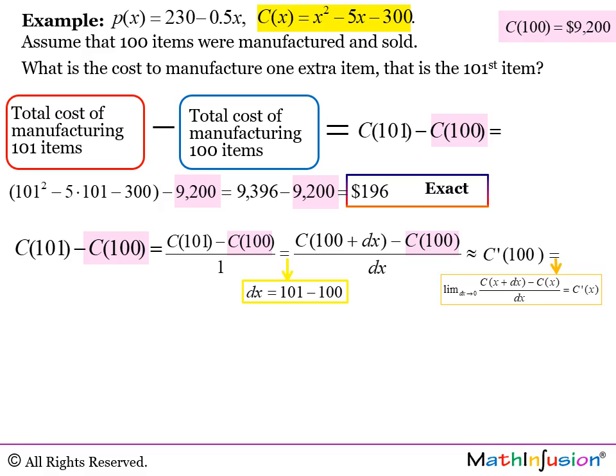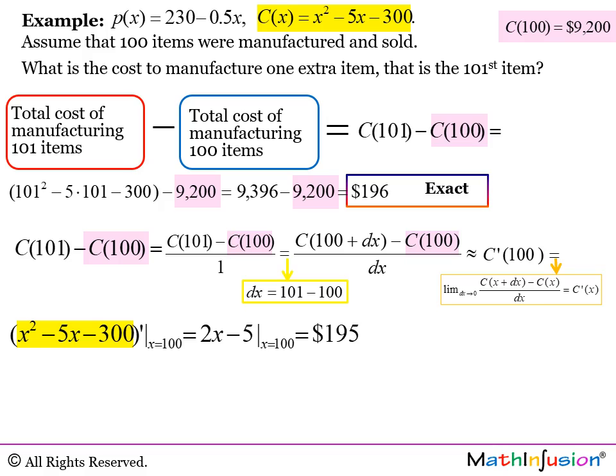Here is the exact definition of the derivative of c(x). And here again, because we don't have the limit, it's only an estimate. Let's calculate c prime at 100. We differentiate the cost function, we substitute x equals 100, and we get $185.